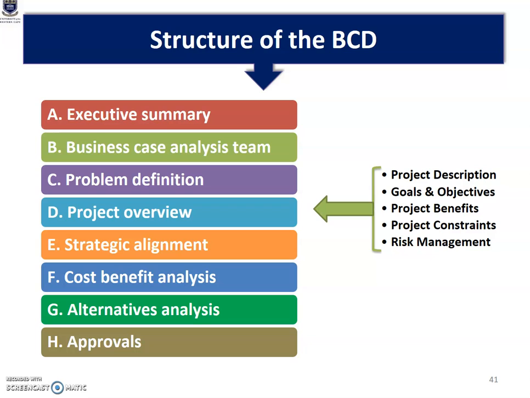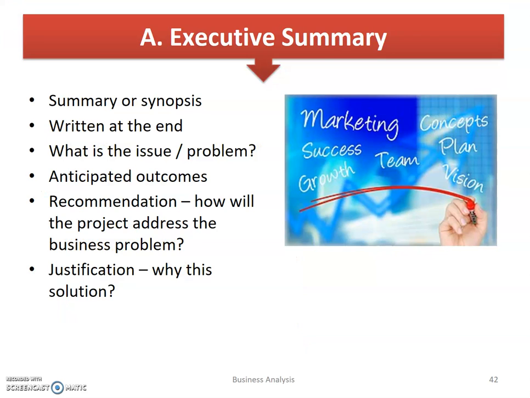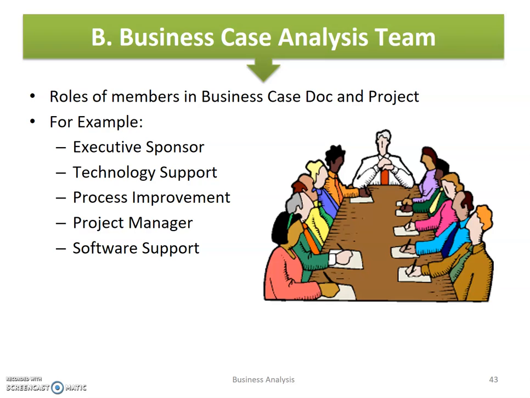So let's look at part A of the structure. The executive summary. It's a summary or synopsis, and it justifies why the solution. If we look at heading B, it shows the roles of the members in the business case document and project, shows you the executive sponsor, the project manager, software support.